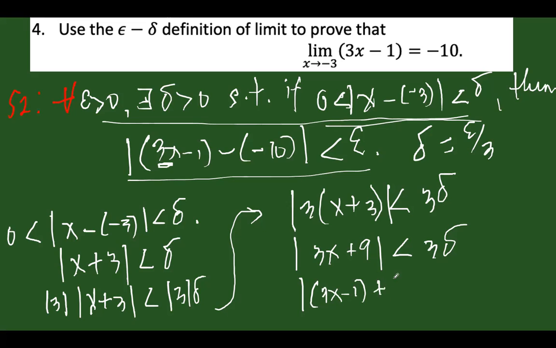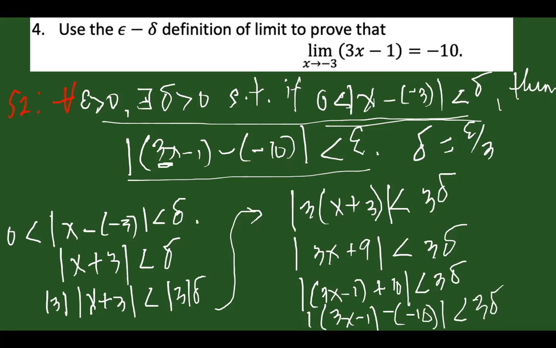So plus 10, less than 3 delta. However, we need to express 10 as a negative number. So we have the absolute value of 3x minus 1 minus -10 less than 3 delta. All right, so we have already expressed the left-hand side in terms of this. So we are good to go now.